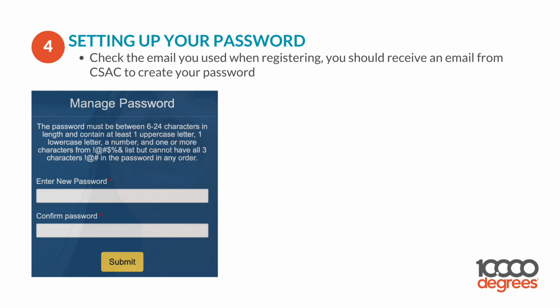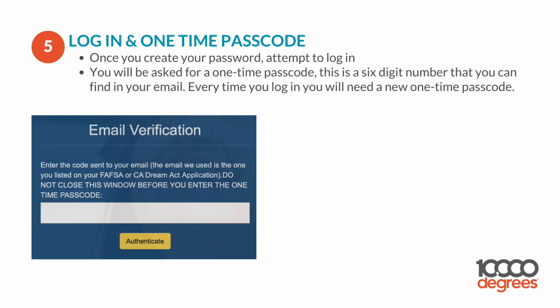Once you have gone through the personal information, the next step will be to set up your password. Please make sure, again, to be using a personal email, because that is where the information is going to be sent to for you to confirm. All right, so one of the last items here that we want to talk to you about is this email verification process.